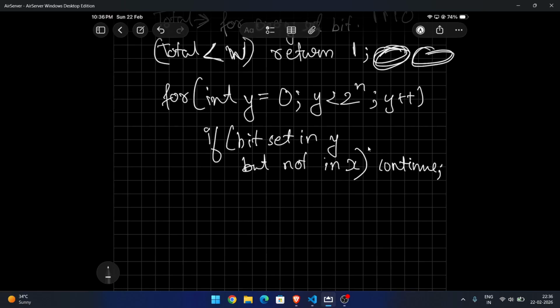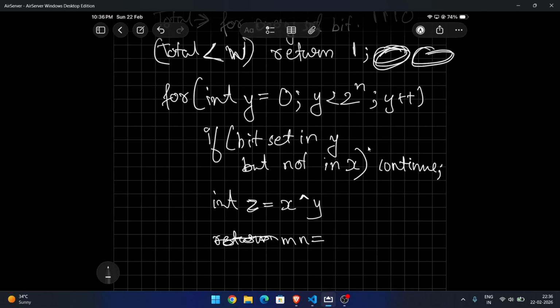Okay, so if it's set in y but not in x, then we have to continue. Otherwise, we would find the second state, that would be x xor y.